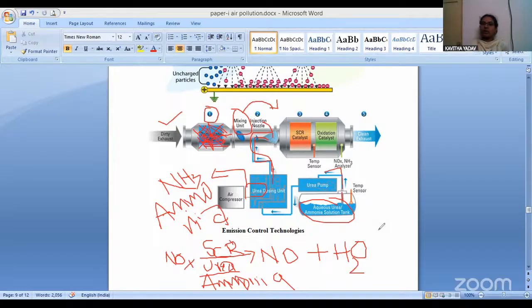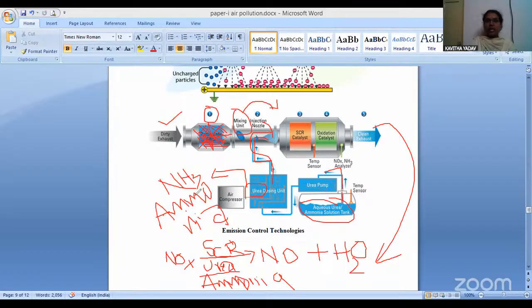Then the next one is the oxidation catalyst. In the oxidation catalyst also we are going to maintain some temperature, and for the temperature testing we are going to use temperature sensors. After this process, the gases are released from the exhaust as clean exhaust.